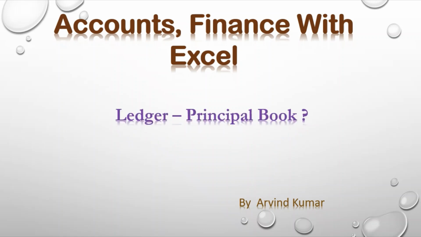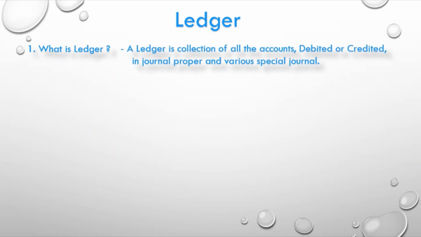Here I am going to describe the ledger, that is also known as the principal book. So what is a ledger? Ledger is a principal book of the accountancy system. It contains different accounts where transactions relating to those accounts are recorded.